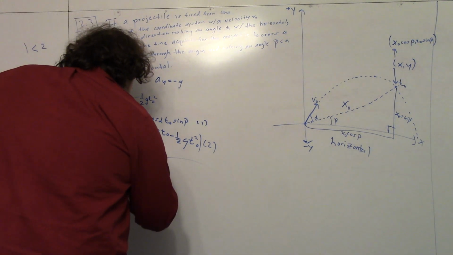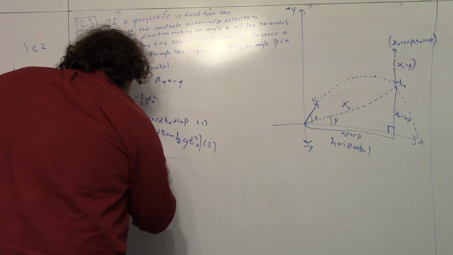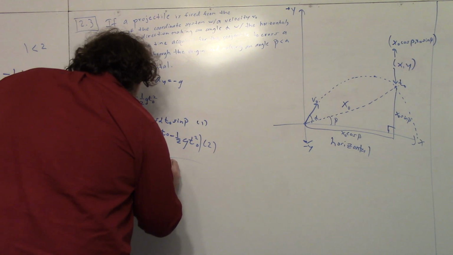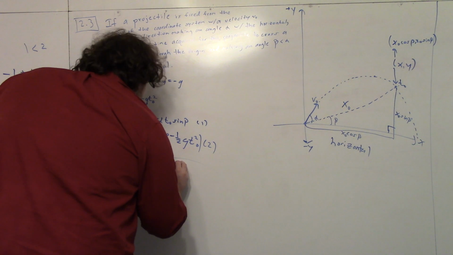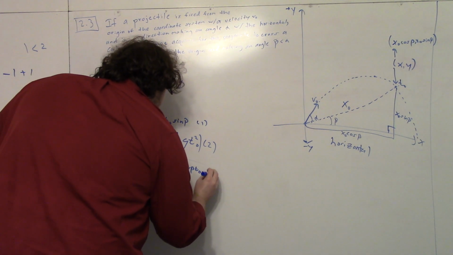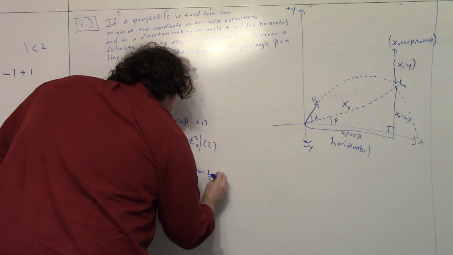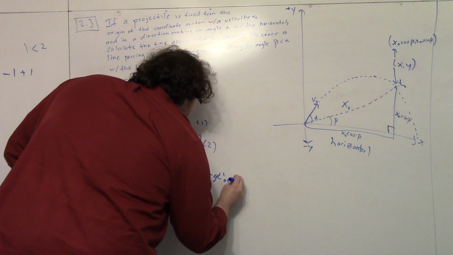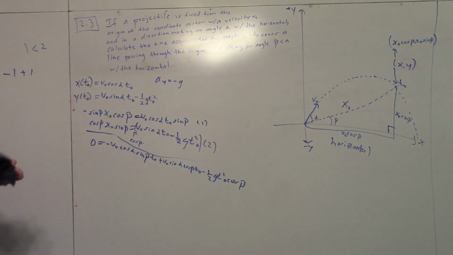Okay, so cosine plus V naught sine alpha. I'll rewrite this: cosine beta T naught minus 1/2 G T squared naught cosine beta. Let's rewrite this now.